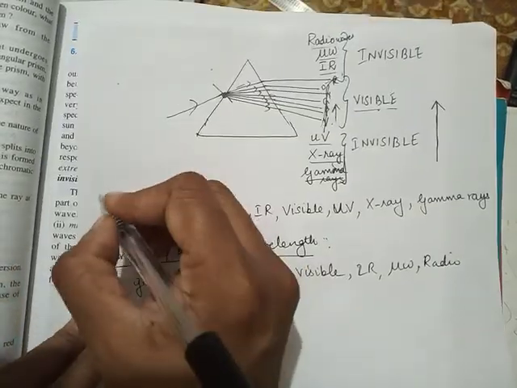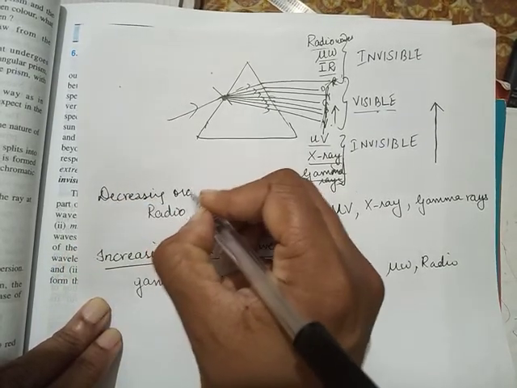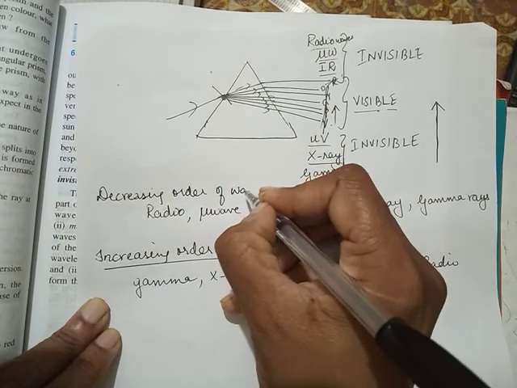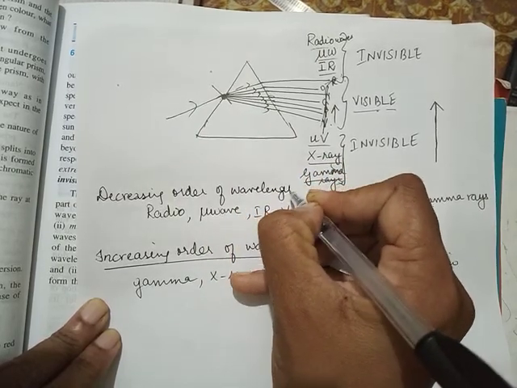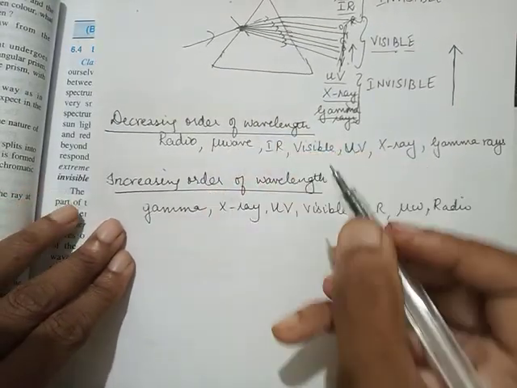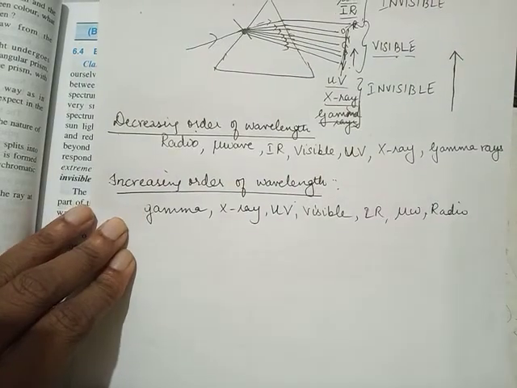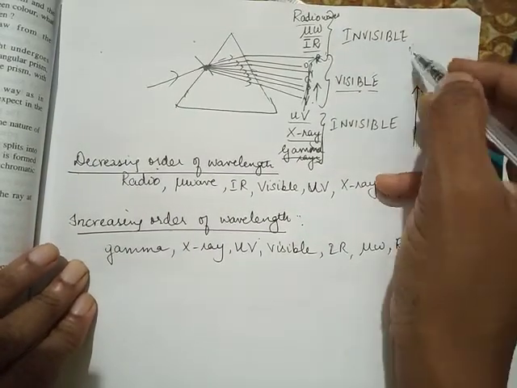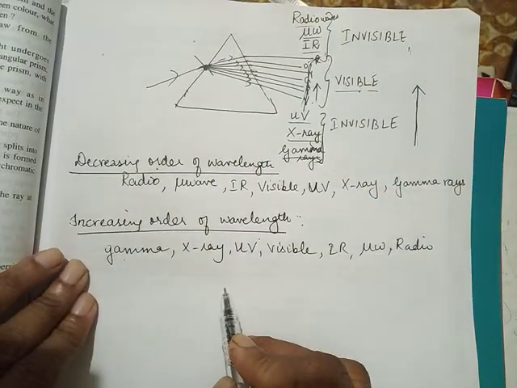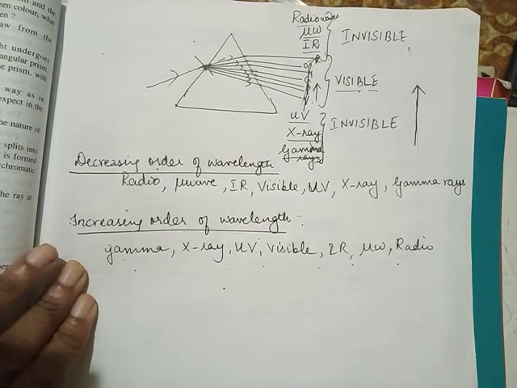And this will become decreasing order of wavelength. So usually they ask you to write all the waves in the electromagnetic spectrum, either in increasing order of wavelength or decreasing order of wavelength. Now remember any one thing. You remember like this: down to up, increasing order of wavelength, gamma, X-ray, UV, visible, IR, microwave and radio wave.